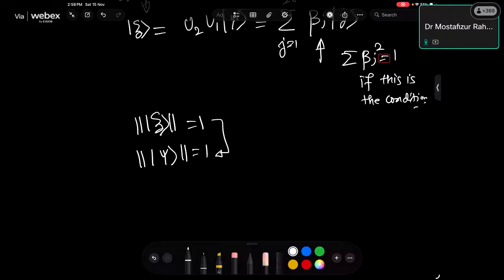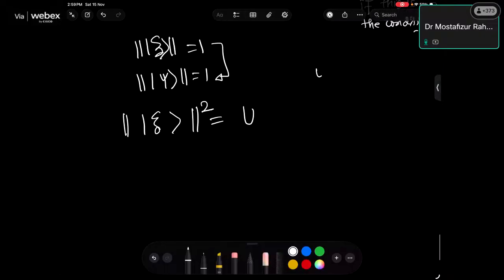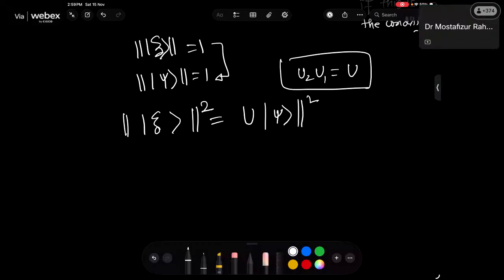This will only happen if the norm of zeta squared equals, suppose U2 U1 equals U, the norm of U applied to ket psi, squared. So this is my psi U star U psi.